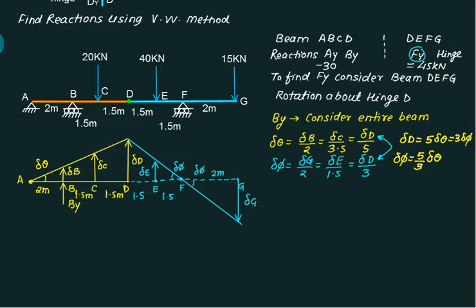Next, show external forces. That is 20 downward, 40 downward and 15 downward. Now apply the principle of virtual work. Check one by one. VY del B is a positive value.